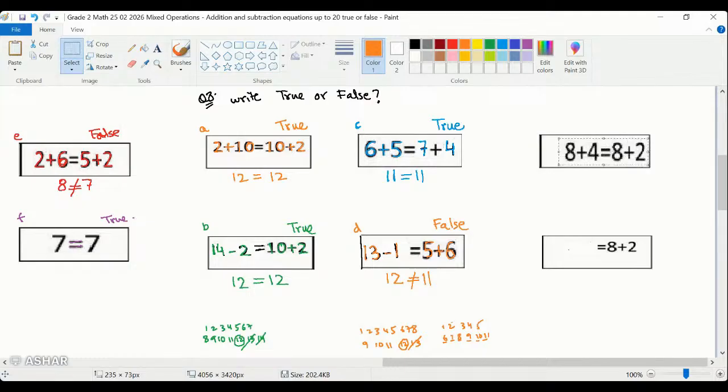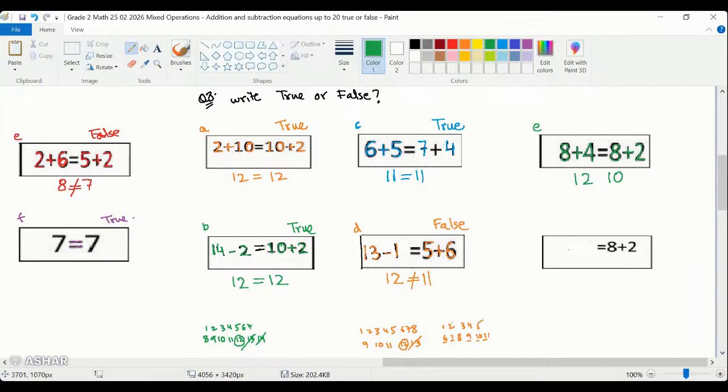Let's look at this. Part E. 8 plus 4, 9, 10, 11, 12. Okay? And 8 plus 2 means after 8 we add 2 numbers, 9 and 10. Is 12 equal to 10?